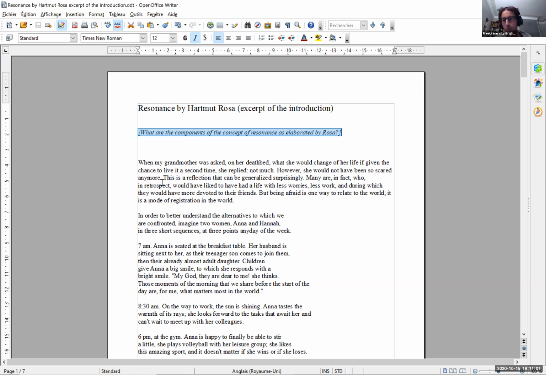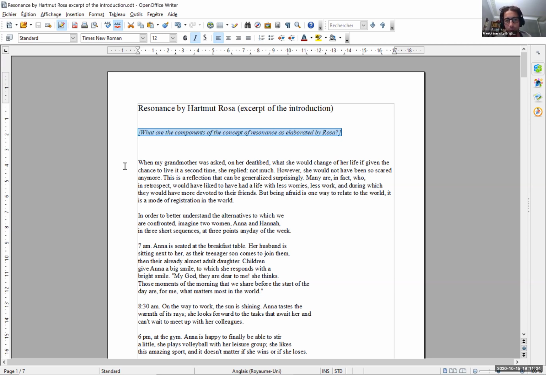So each time you see something that looks or sounds like a component of the concept, please beep or say something, and we will highlight this term, this component. I start the reading, and as I go, I will get tired of myself and I will let someone else read.